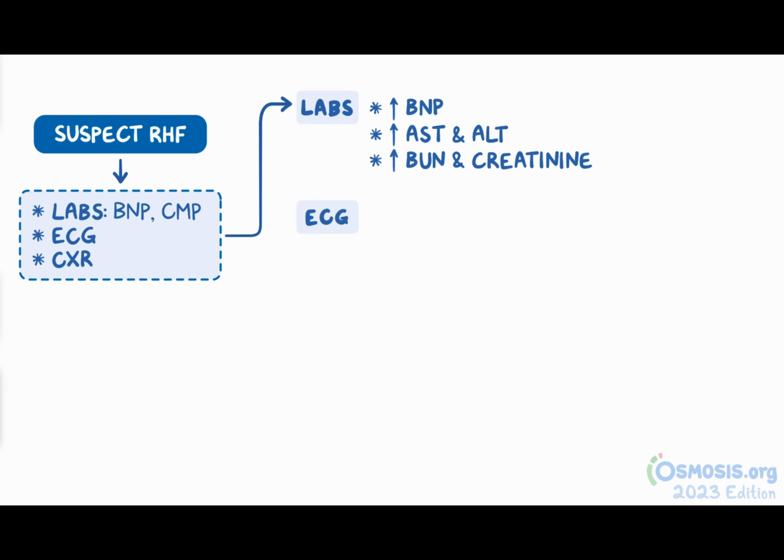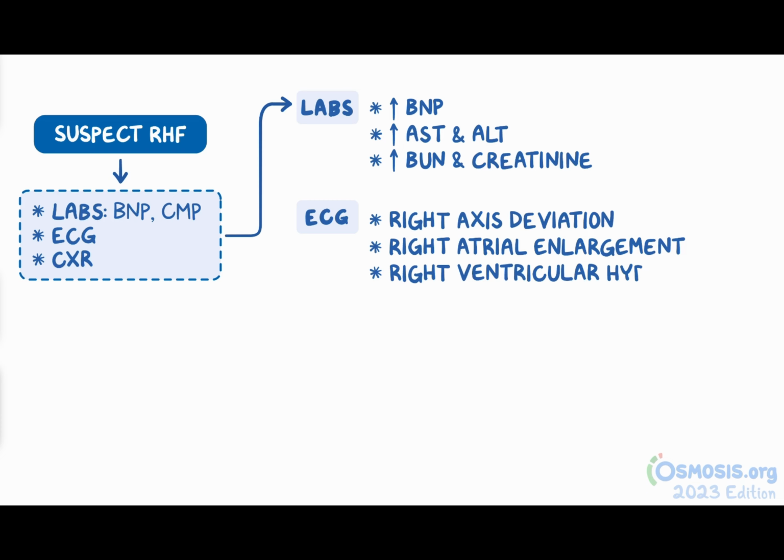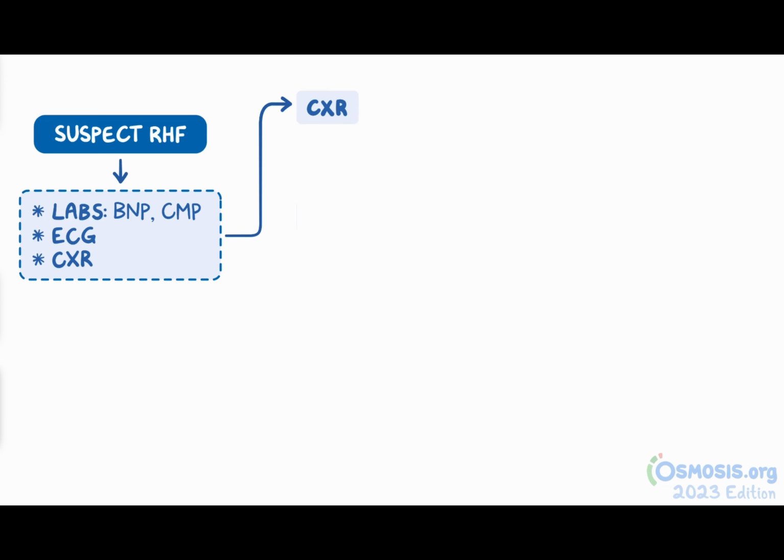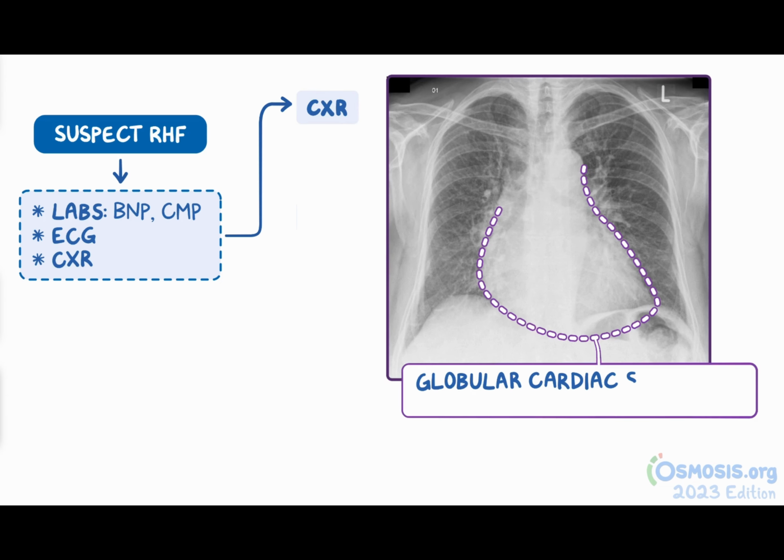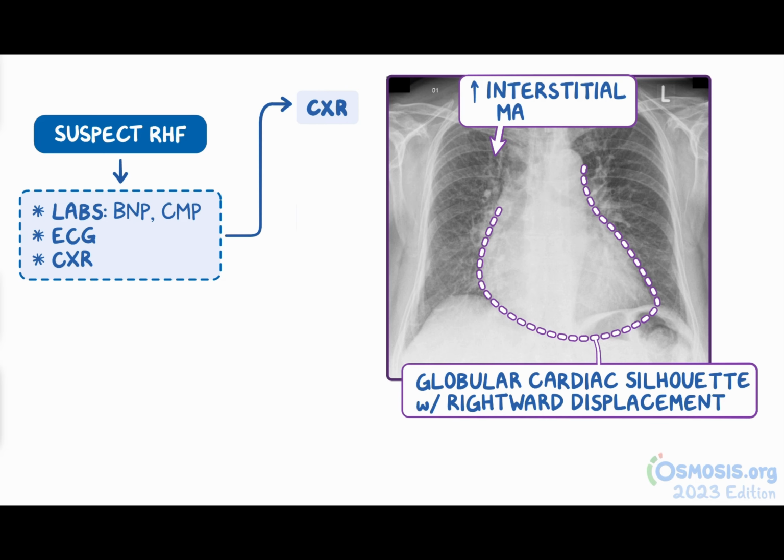Additionally, the ECG typically reveals right axis deviation, right atrial enlargement, and right ventricular hypertrophy, as well as possible ischemia or arrhythmia. Finally, important chest X-ray findings include a globular cardiac silhouette with rightward displacement and increased interstitial markings. All of this supports your diagnosis of RHF.